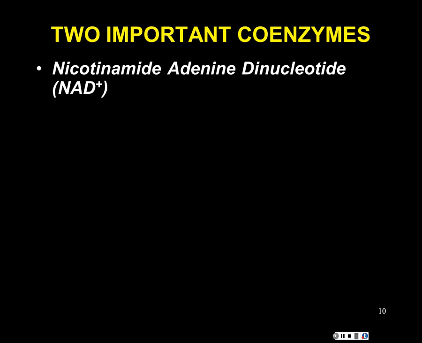If we look in better detail at those coenzymes, NAD and FADH, NAD stands for nicotinamide adenine dinucleotide, and you'll see why we abbreviate it, right? NAD. It has a slight positive charge to it.